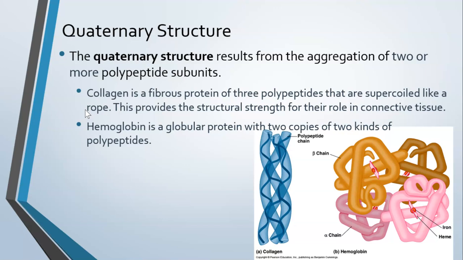So 4 subunits, and then you get this big protein out of these 4 subunits. Another one is collagen, which makes your skin flexible. These are the alpha helix structure, and then you have 3 of them wrap around each other to form a rope. Their job is connective tissue.